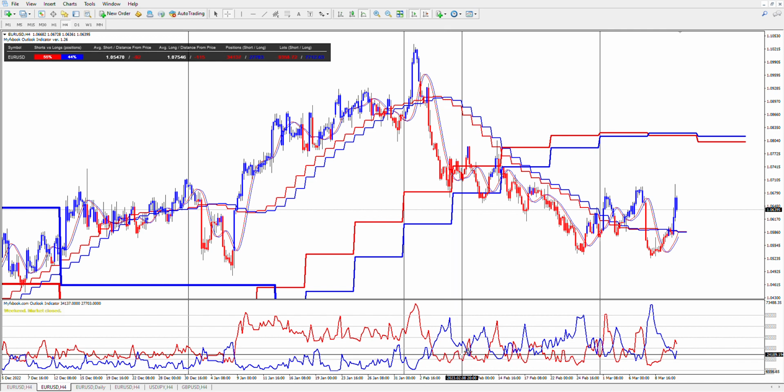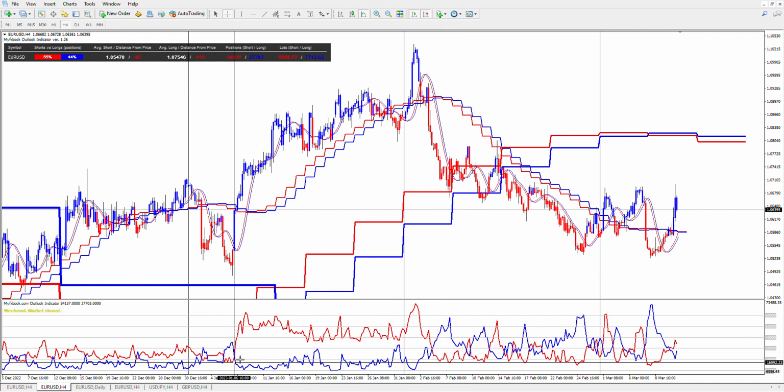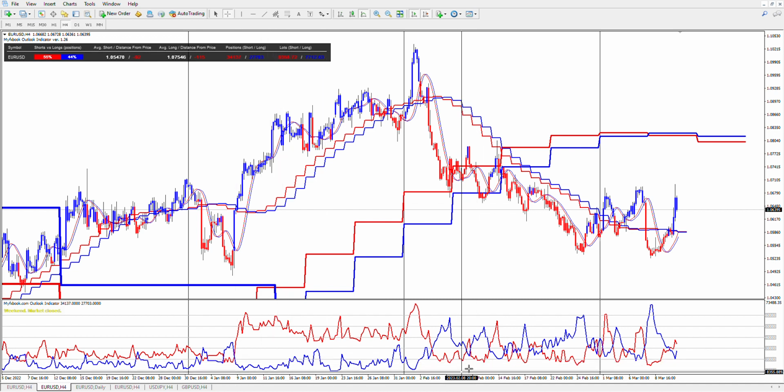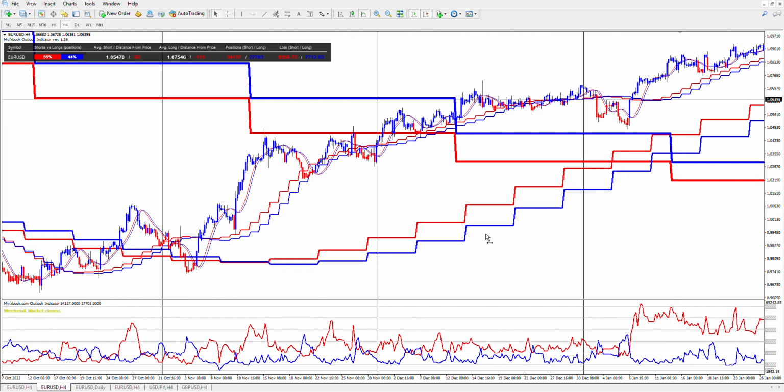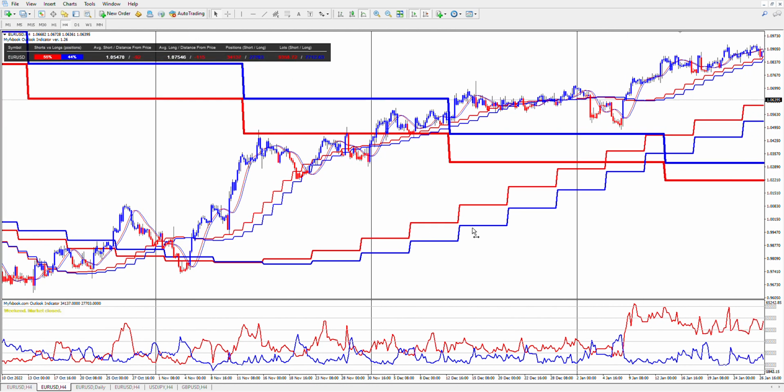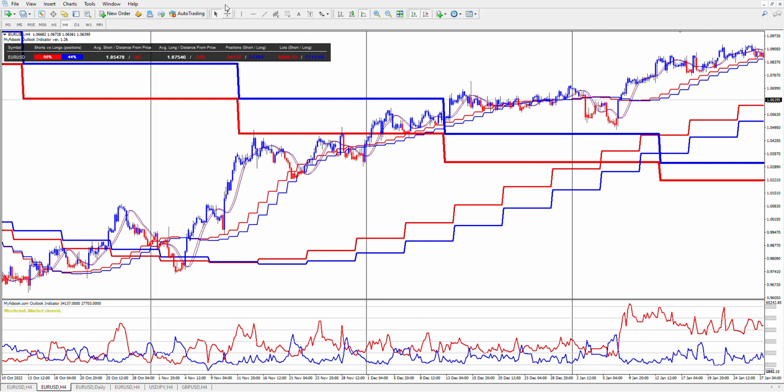Sometimes you have to wait until the 6th of the month to get the clear picture, or even until the 9th of the month. So you have to wait some time. Some months are easier, like December, which was pretty straightforward.